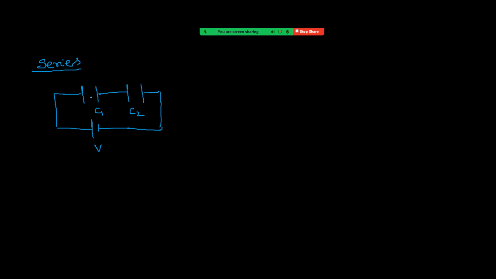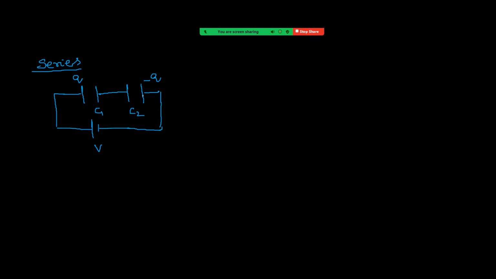Assume that initially the capacitors are uncharged, means no charges on the plates. Now, once we connect like this, electrons will flow from the leftmost plate to the rightmost plate. That means the leftmost plate becomes plus Q and the rightmost becomes minus Q. So this is losing electrons and this is gaining electrons.